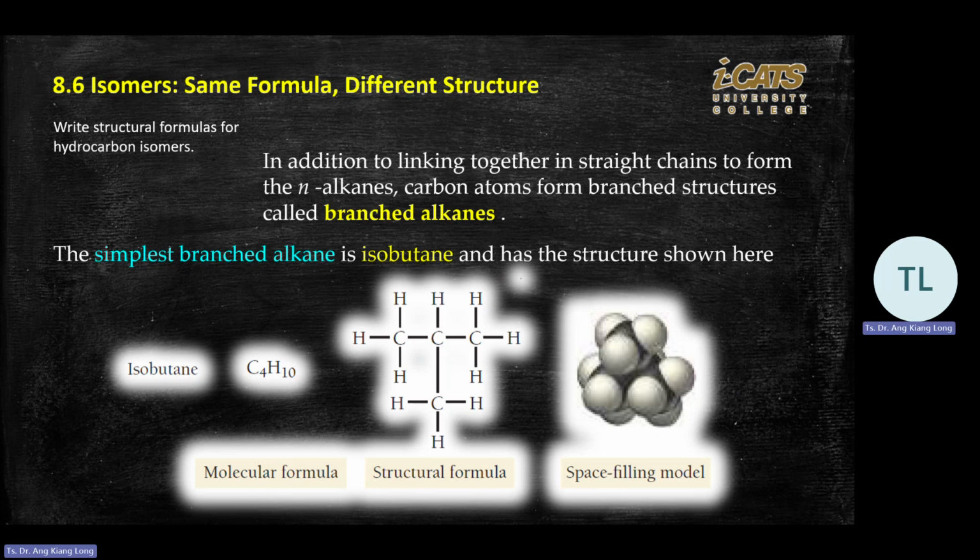This is branch. That means if there is something coming out from the middle member or from the body, usually it won't go to the end, right? It will go into the middle.